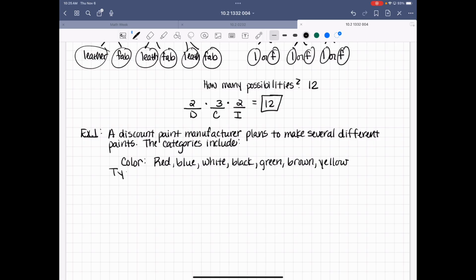Type: latex or oil. Texture: flat, semi-gloss, high gloss. And use: indoor, outdoor. Okay?